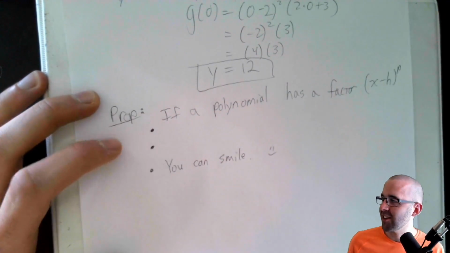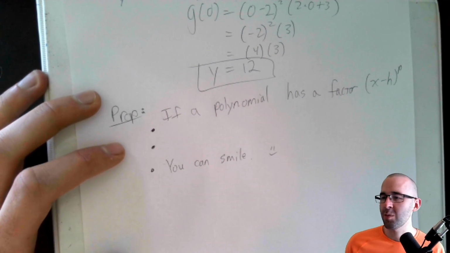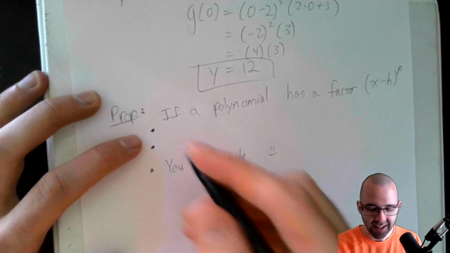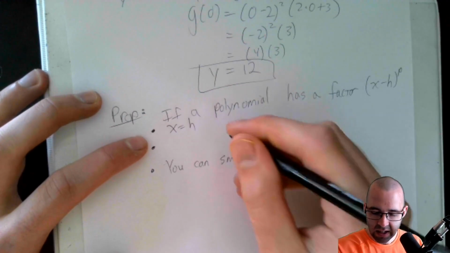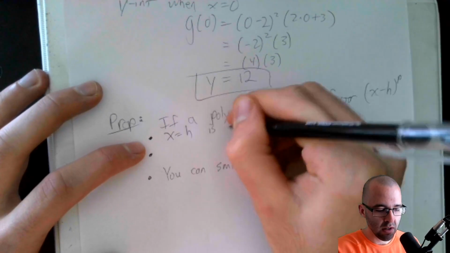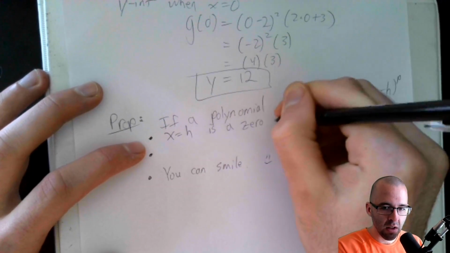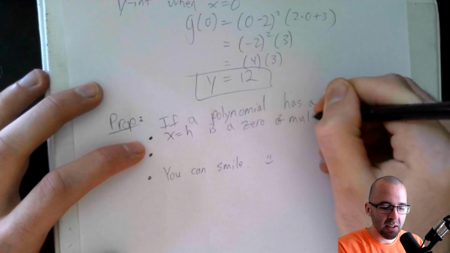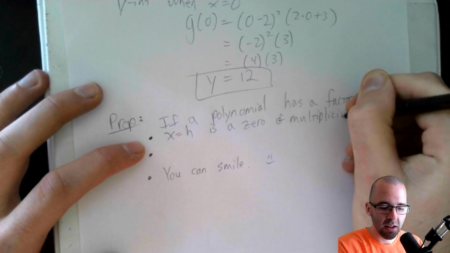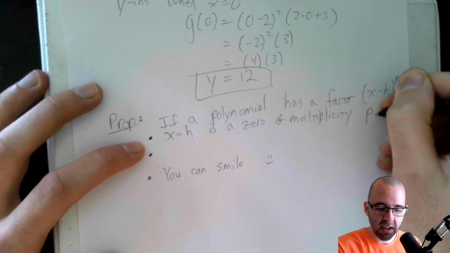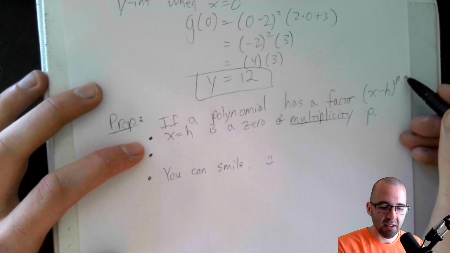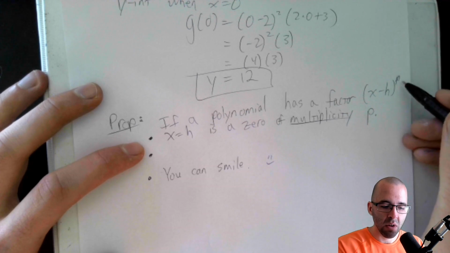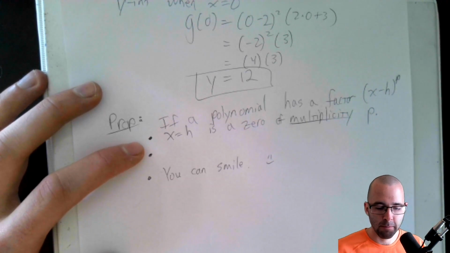I'm adding onto this property a little addendum. First part of the property is x equals h is a zero of multiplicity p. So multiplicity is a definition, and it has to do with this thing up here.